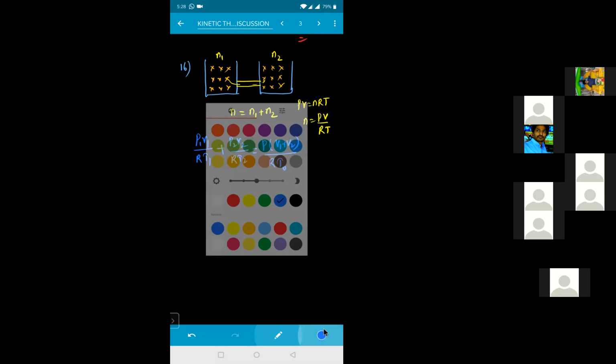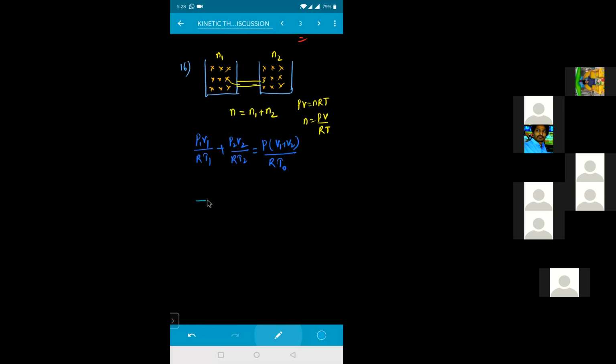If I take the LCM for this, R is anyhow constant, so it gets cancelled. The LCM is T1 into T2. Multiplying, this becomes P1 V1 into T2, where T1 gets cancelled, plus P2 V2 into T1, where T2 gets cancelled.